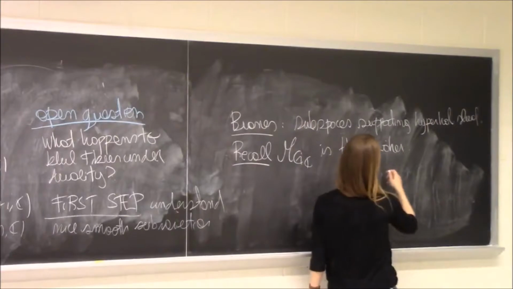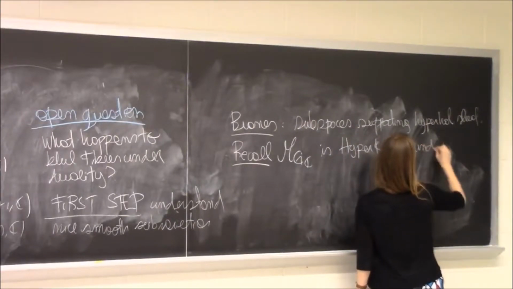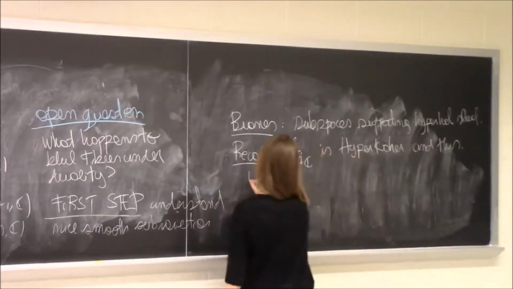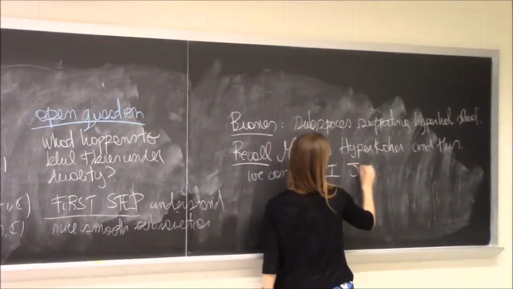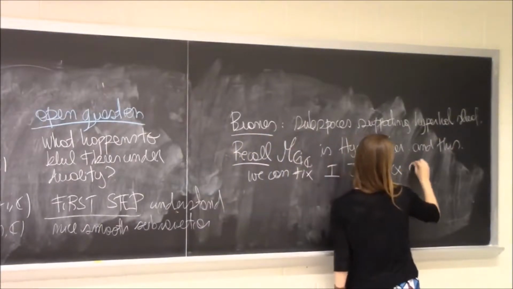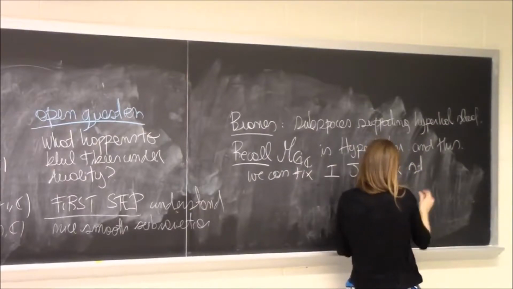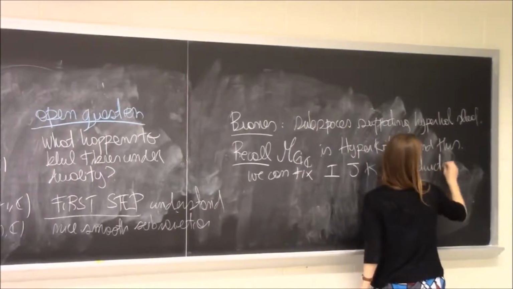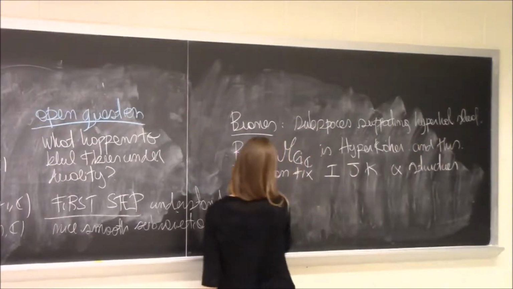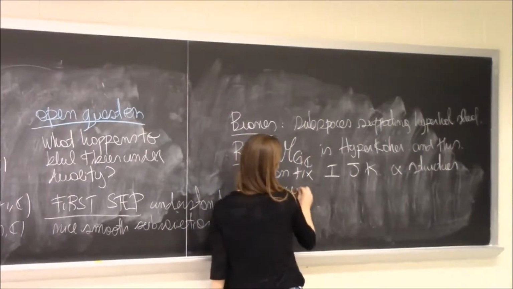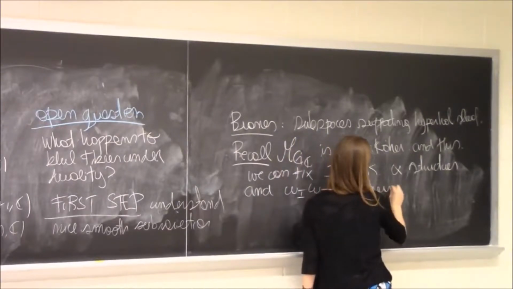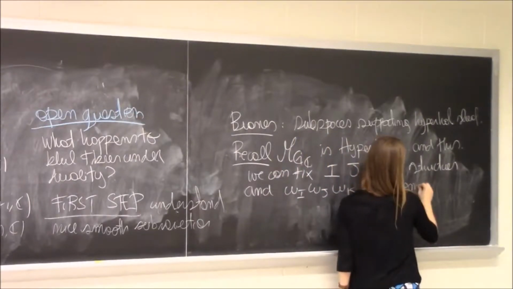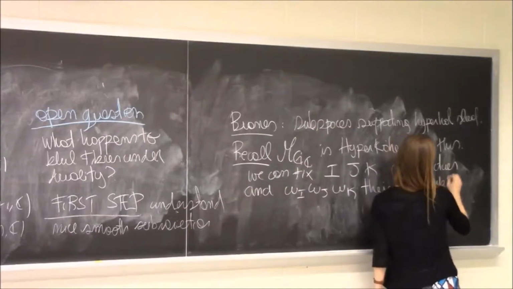So hyperkähler, and thus we can fix I, J, and K complex structures, and omega I, omega J, and omega K, they're compatible symplectic forms.